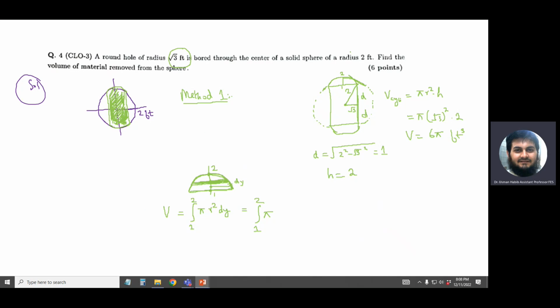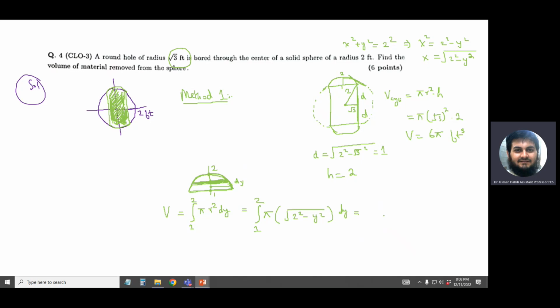The equation of a circle of radius 2 is x squared plus y squared equals 2 squared. So x squared equals 2 squared minus y squared, and x equals the square root of 2 squared minus y squared. That's it. You set up an integral for this.